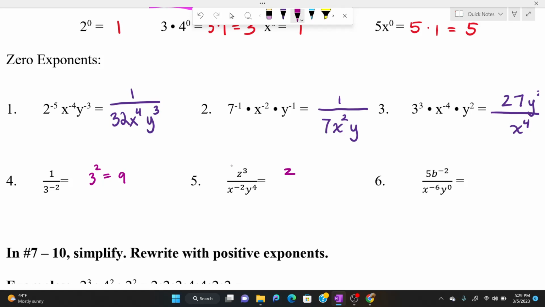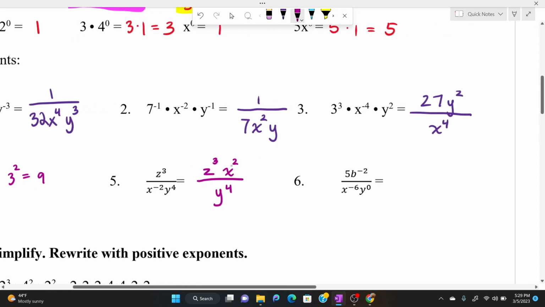So this will be z to the third. And then this term, since it has that negative power, I will rewrite in the numerator, making the power positive, and we are done. So z to the third, x squared, y to the fourth. If it had a positive exponent, I kind of leave it where it is.